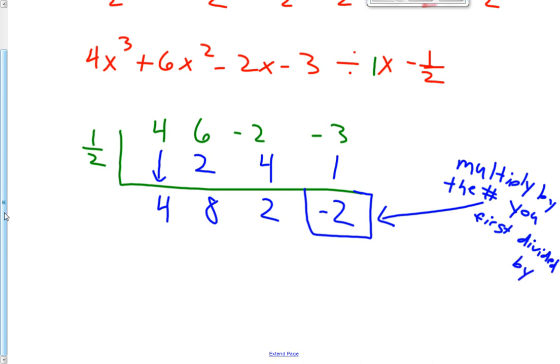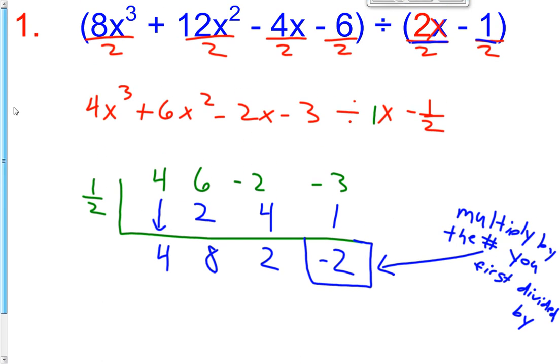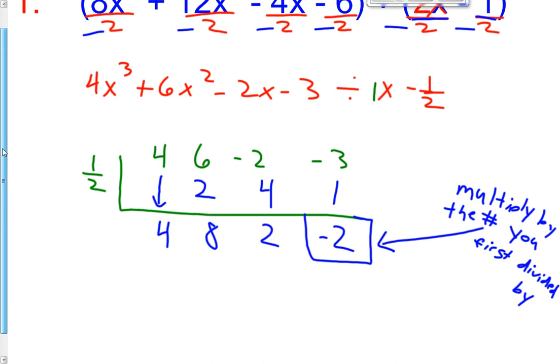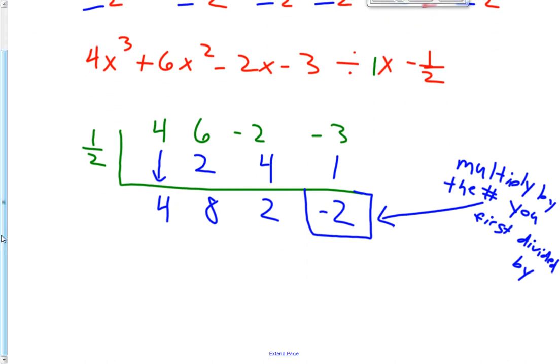This might sound confusing, but all it means, class, is you first divided everything by 2. So on every single problem like these, you have to multiply the remainder by that number. Only the remainder. So multiply by 2. So I'm going to put times 2 right here.